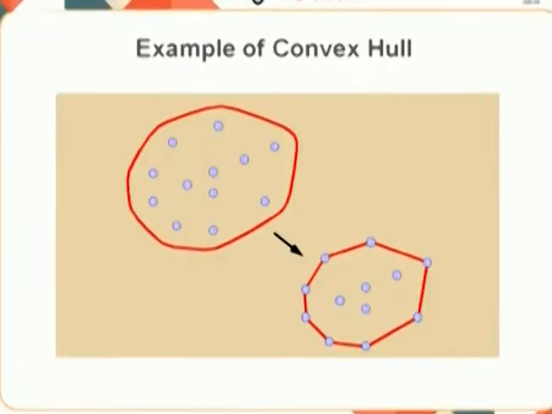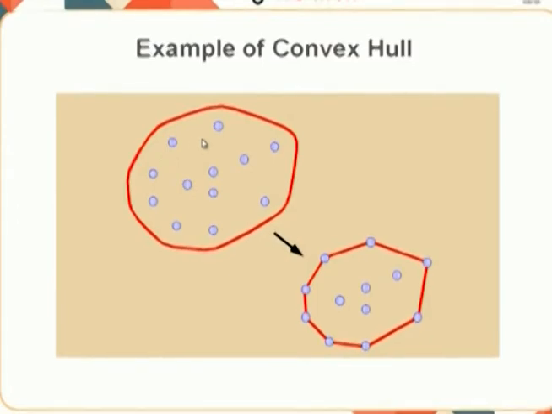The formal definition is: convex hull is the smallest convex polygon that contains all points of S. This is the formal definition of convex hull. So, you can see very well this is an example of a convex hull. These are various points that are given.